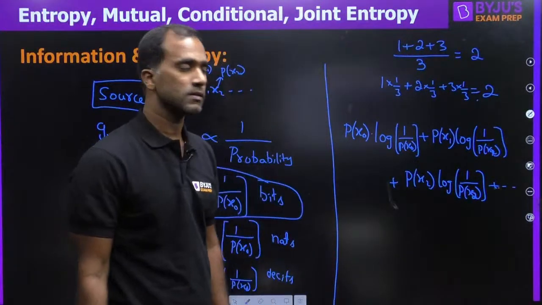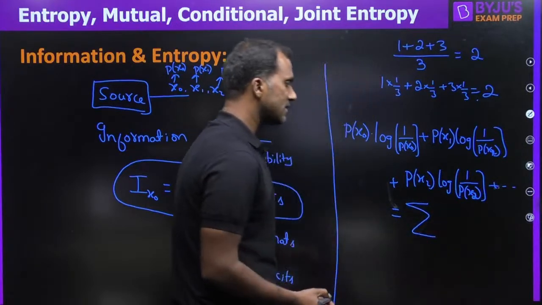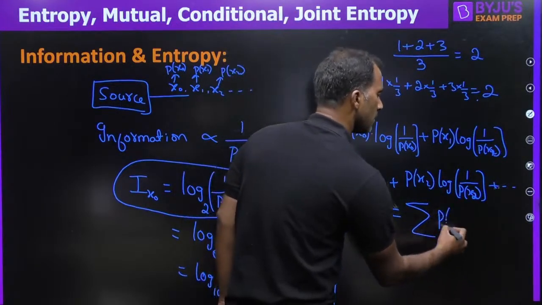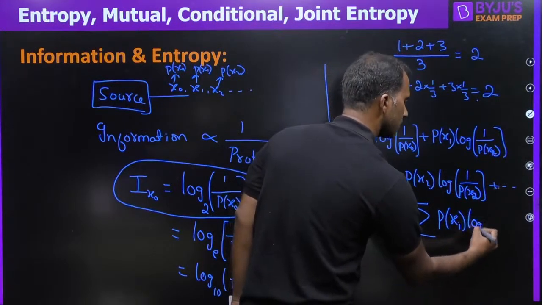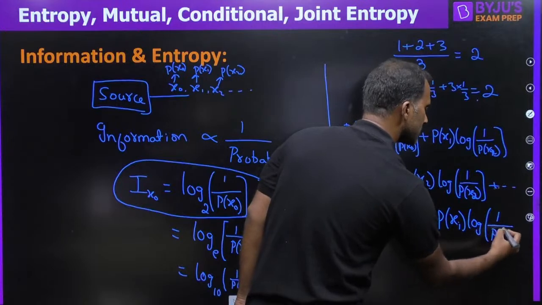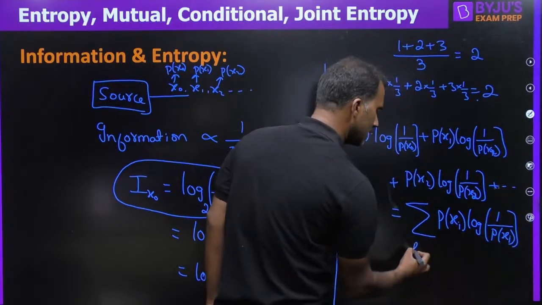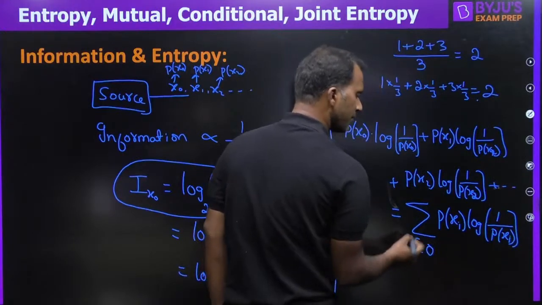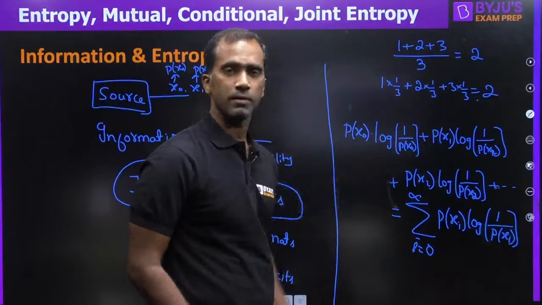As simple as that. So finally, we can simply write it as sigma p of xi into logarithm of 1 by p of xi, where i runs from 0 to infinity if there are infinite symbols. If there are 10 symbols, you can write it as 0 to 9.